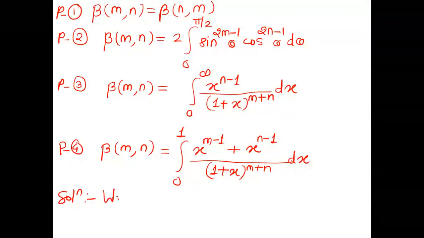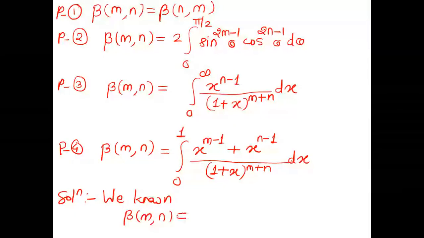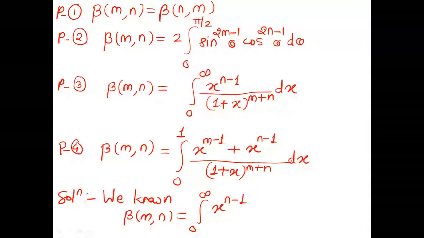As we know, the third property is that beta of m, n is equal to the integral from 0 to infinity of x to the power n minus 1 upon 1 plus x to the power m plus n.